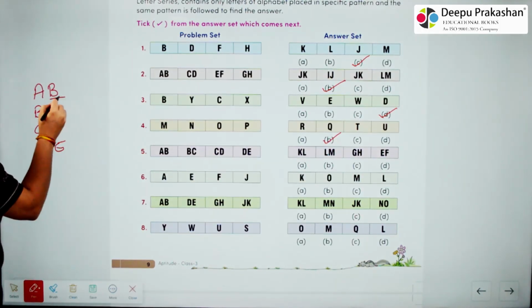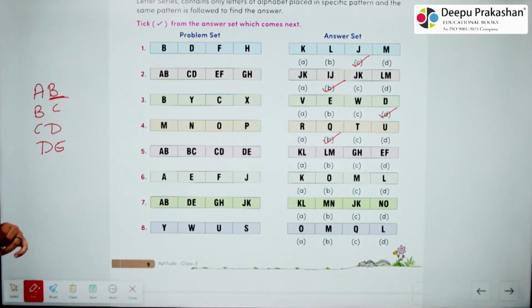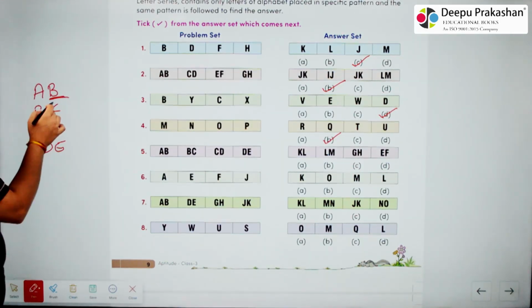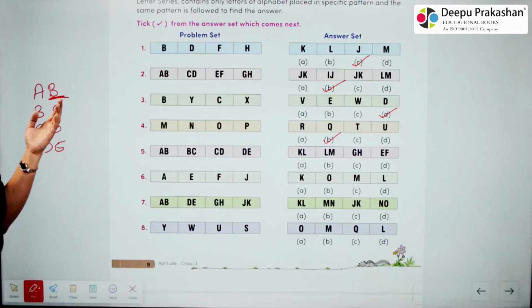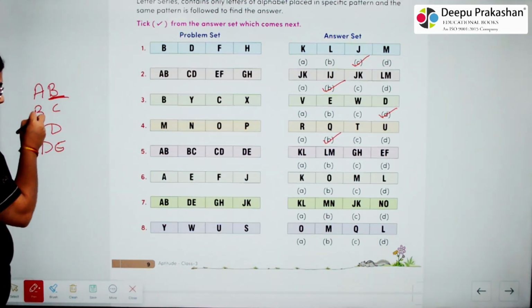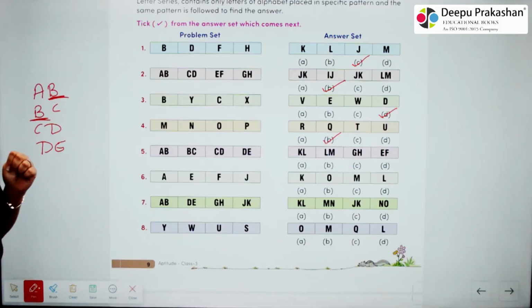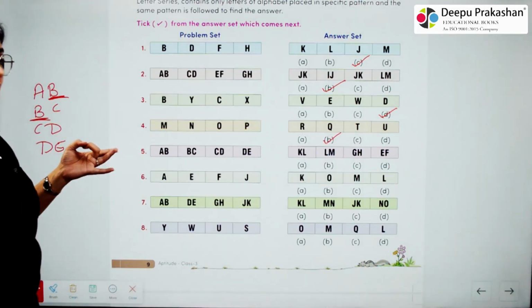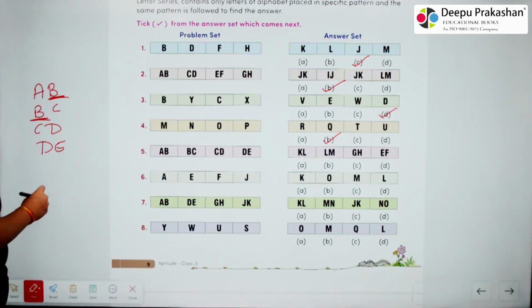That means the last letter of the first pair is the same as the second pair's first letter.